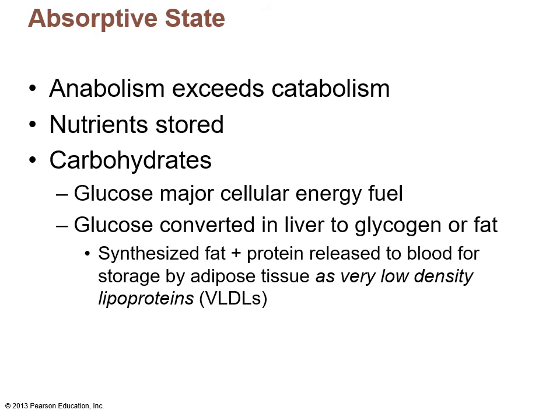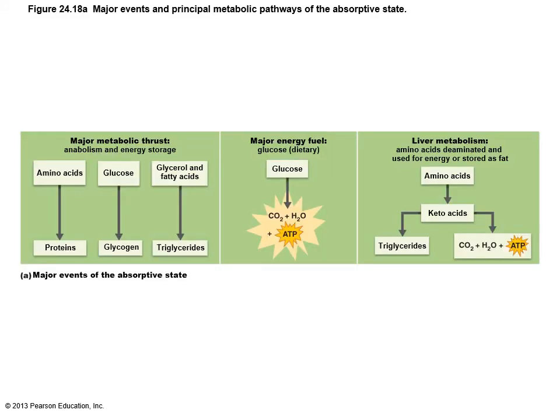So carbohydrates, remember, glucose is the major cellular fuel for energy. Glucose is converted in the liver to glycogen, and it can be converted into fat. Synthesized fat and protein are released to the blood for storage by adipose tissues as very low density lipoproteins. Remember, we talked about those.